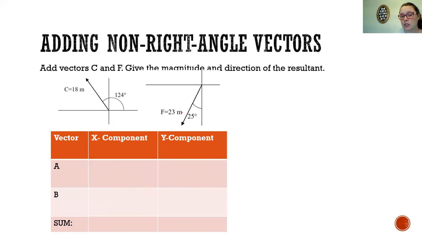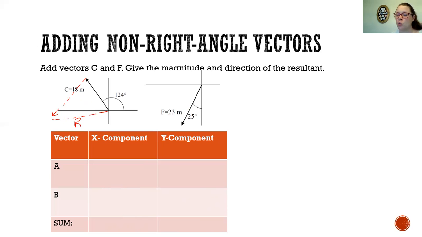So if we were to do kind of a tip to tail sketch, there's vector C, and vector F would be somewhere off in this direction. And we're not sure where it's going to land above or below this axis, but it's going to be somewhere over there. So our resultant's going to be something like this, when we add them all together.